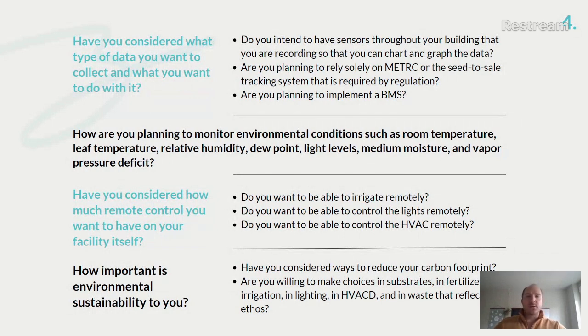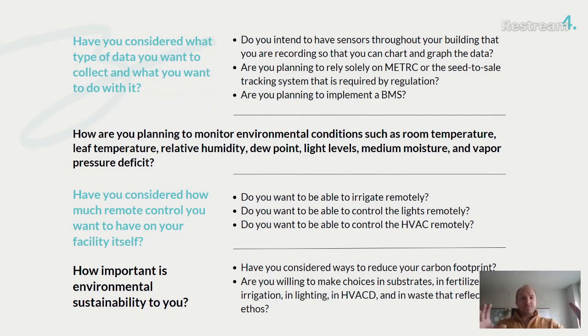So understanding if you're going to be using this data to optimize your individual harvests from batch to batch, whether you're going to be trying to simply identify anomalies, or if you're going to be trying to really rely on this data to make future decisions in states that you plan to expand upon, you're going to want to understand that as early as we can.